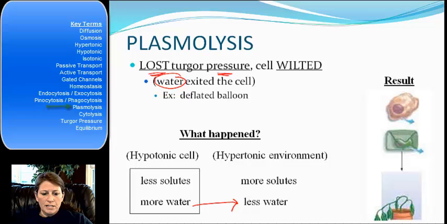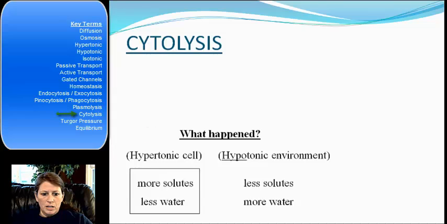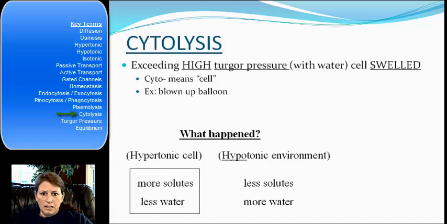Okay. The next term, which is the opposite, is cytolysis. Cytolysis is exceedingly high turgor pressure, and again focusing on water, the cells are going to swell. This would be like a balloon that has been blown up. So I'm just going to focus on the water.